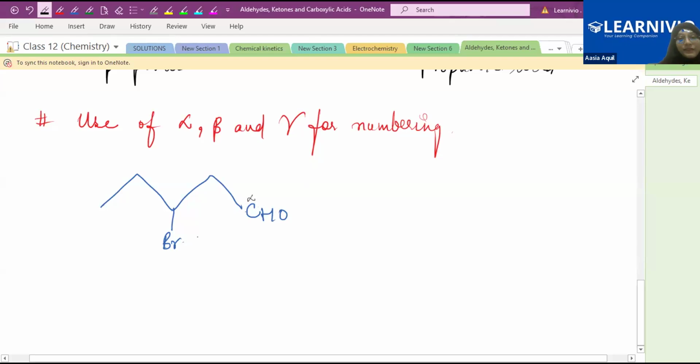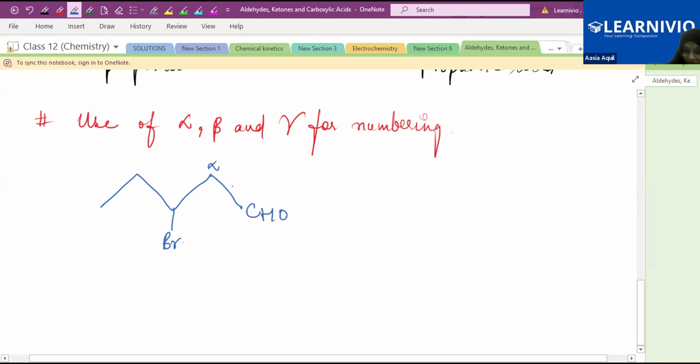No, this carbon is not alpha carbon because this is a part of the aldehyde. This is a functional group. The CHO is already a functional group. The carbon to which the functional group is directly attached is known as alpha carbon. Okay, don't be confused in that. So this carbon is not alpha carbon.